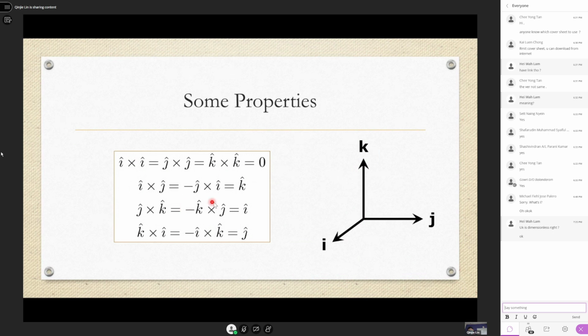So the resultant will always be in the third direction in some form. There might be a minus sign involved. If you do I cross J, you curl your fingers from I to J like this, and you'll realize it will be K, pointing upwards. The rest is also the same, just follow the same right hand rule.